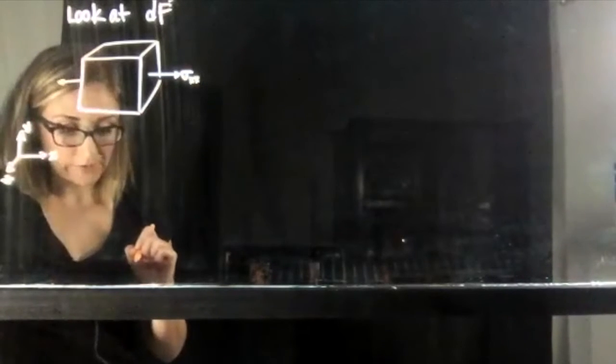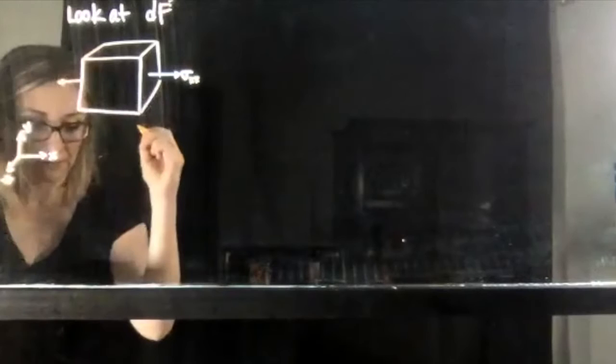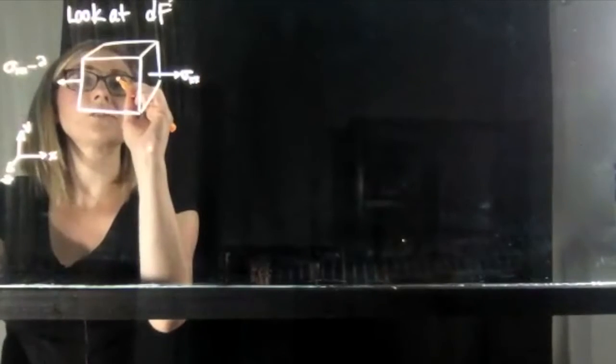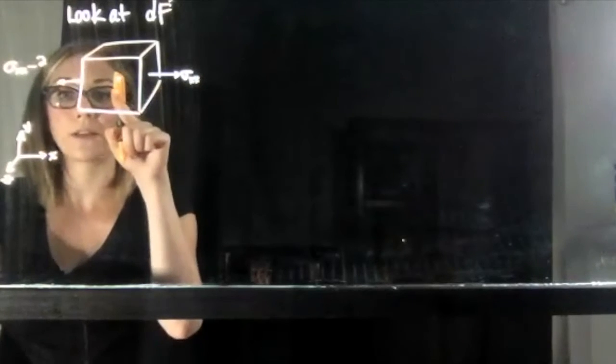And then we'll have the same thing on this face, but here it's going to be the normal stress minus, you know what, I forgot a part here. All of our stresses, all of our forces act at our center point again.